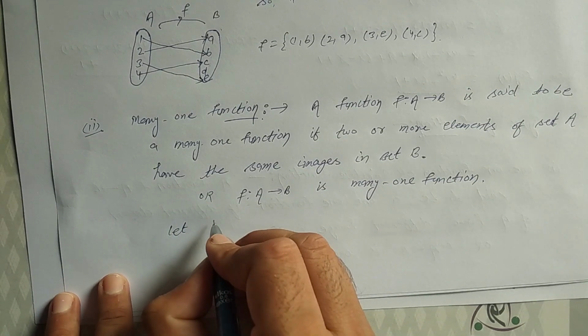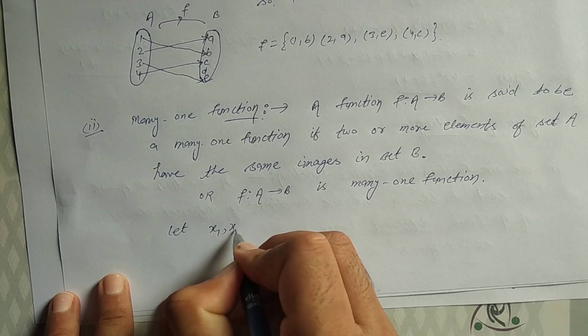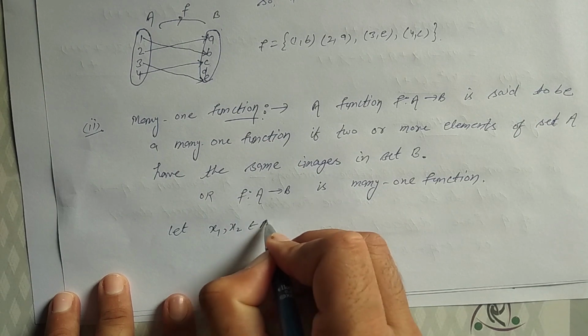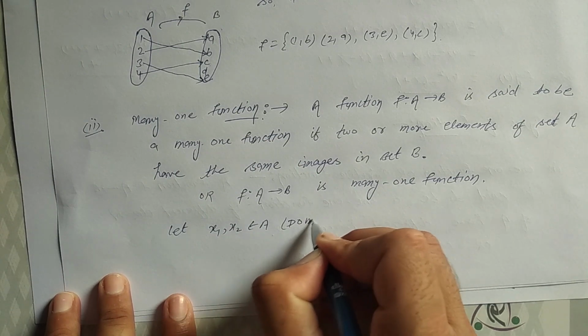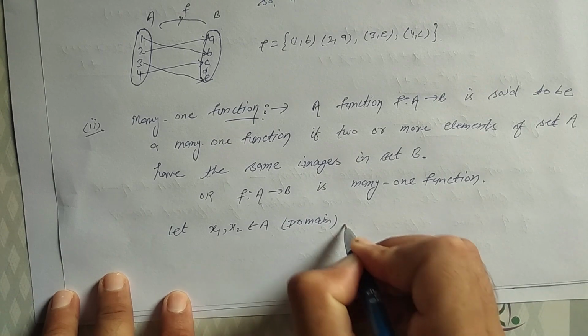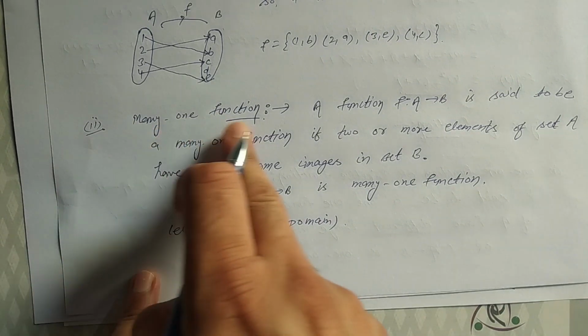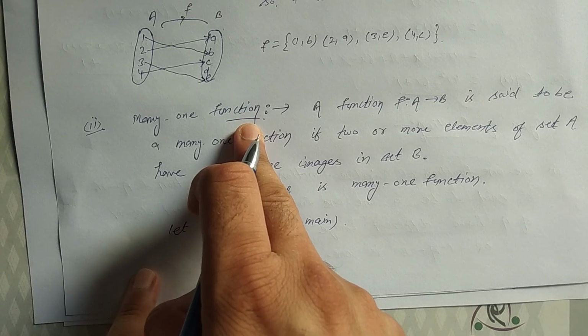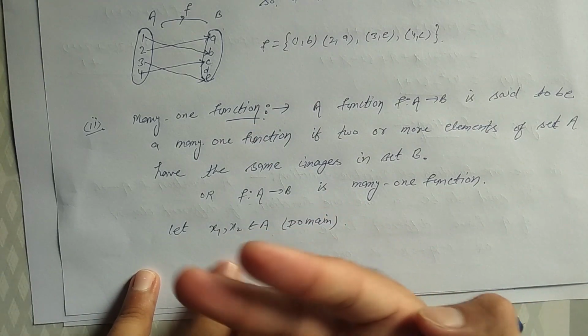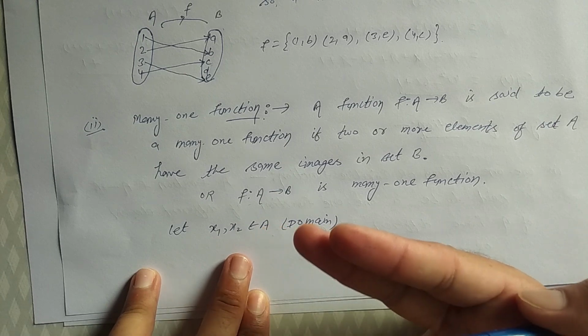Let x1, x2 belong to the domain, because in a one-one or many-one function we consider two components x1 and x2 belonging to the domain.